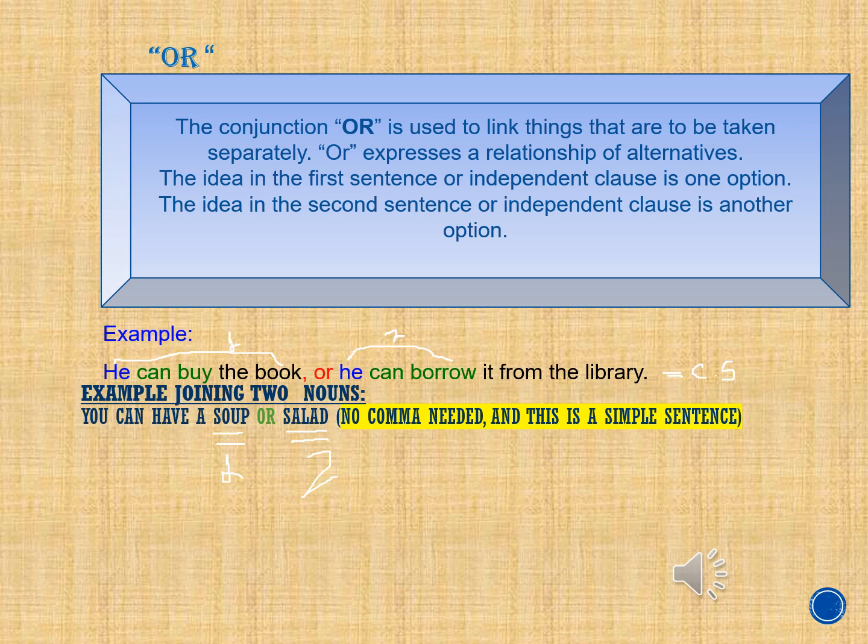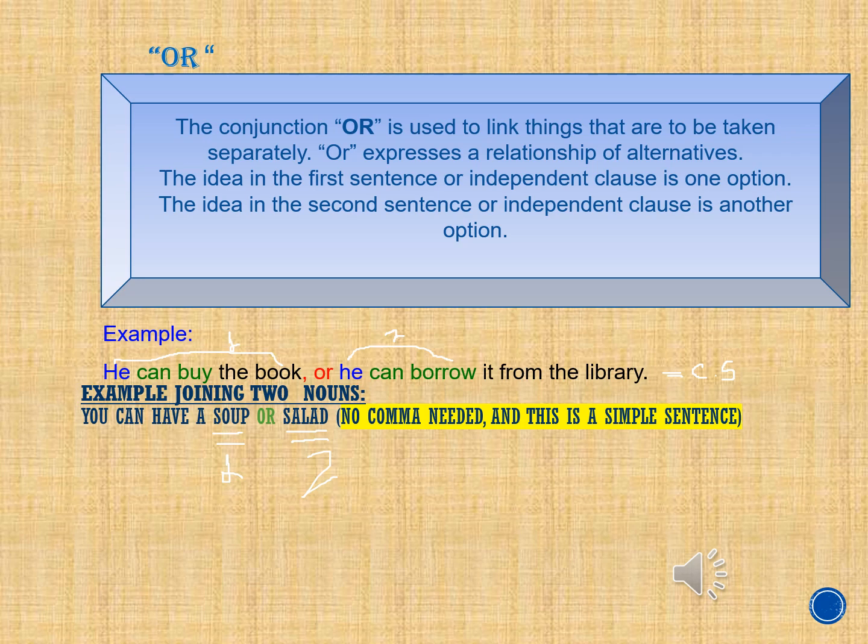He is my subject, can buy, remember, is only one verb. Can is a modal, buy is the verb. So I have one verb here. The book, in this case, is my object. Buy is an action verb, so I have an object. Comma, or he can borrow it from the library. Borrow is another transitive verb, and it's an action because you borrow, you go to the bank, you borrow money.